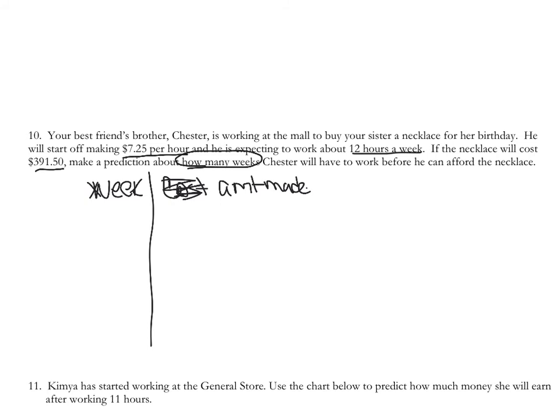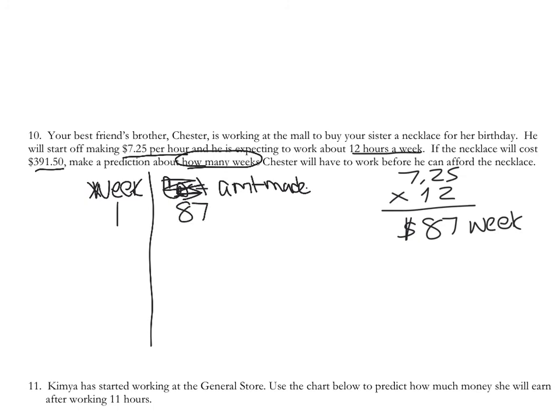Okay, so week 1, he's making $7.25 an hour, and he's going to work for 12 hours. So first, you're going to find out how much he makes a week. So if you multiply that, you're going to get $87 a week is what he earns, right? All right, so in week 1, he'll make 87. And then week 2, he's going to add another 87, right? So that's going to be 174.